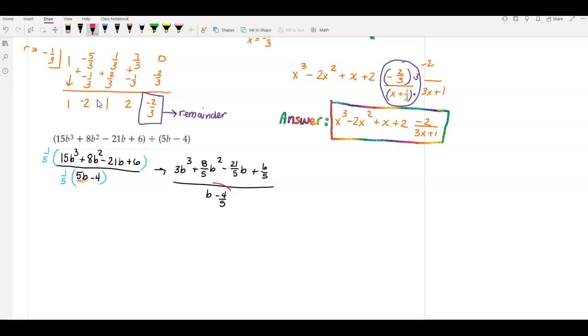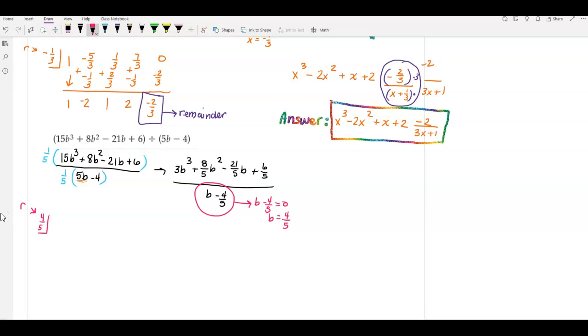We're going to go ahead and take our b minus 4/5, set it equal to 0. We get b is 4/5. So now our r, when we do our synthetic division, is 4/5.